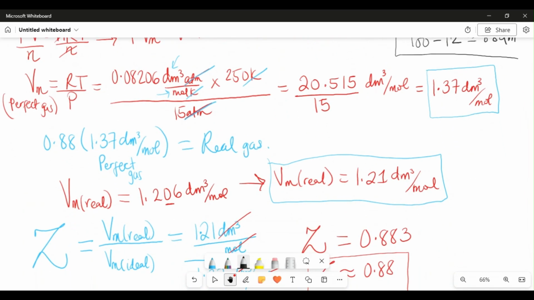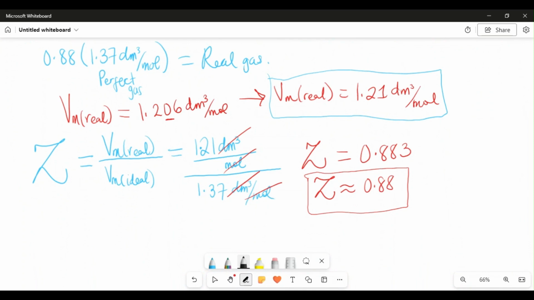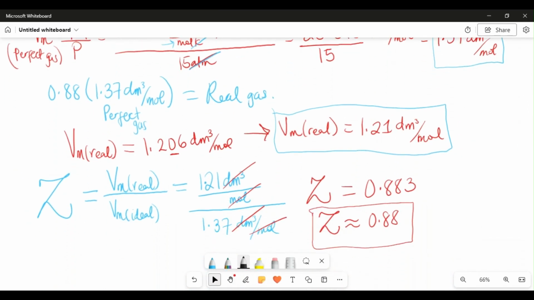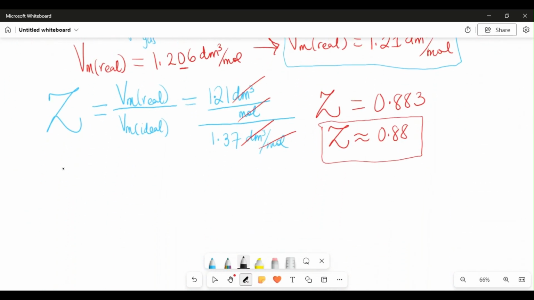Now, the third part of the question, we want to know whether the attractive forces are dominating in the sample, or whether the repulsive forces are dominating. Well, this is not hard. You just have to remember the concepts, right? Z less than 1 and Z greater than 1.